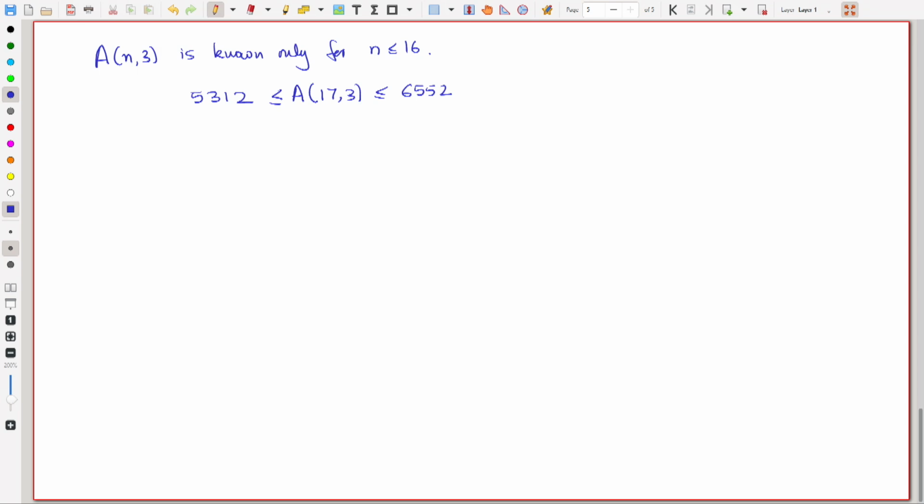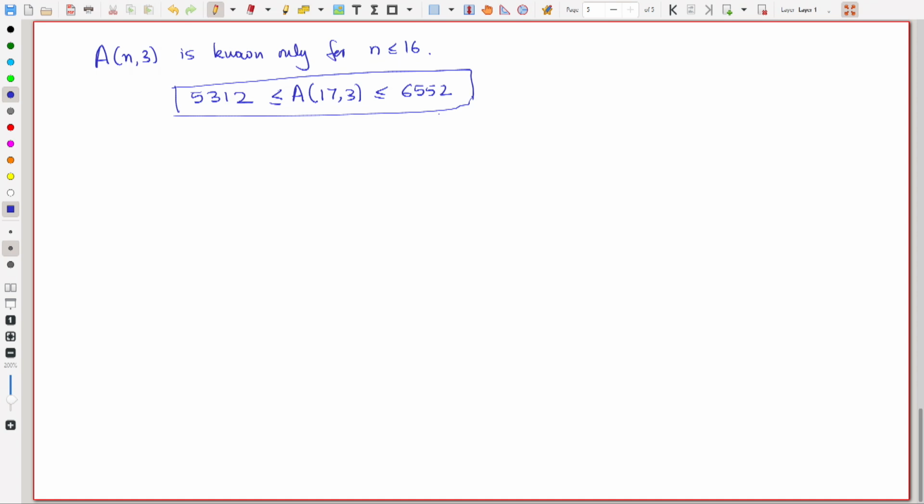So, A(17,3) is not known. This is proved experimentally? So I will explain to you some techniques for proving these kinds of results, and we will be able to go up to 6553 using linear programming.